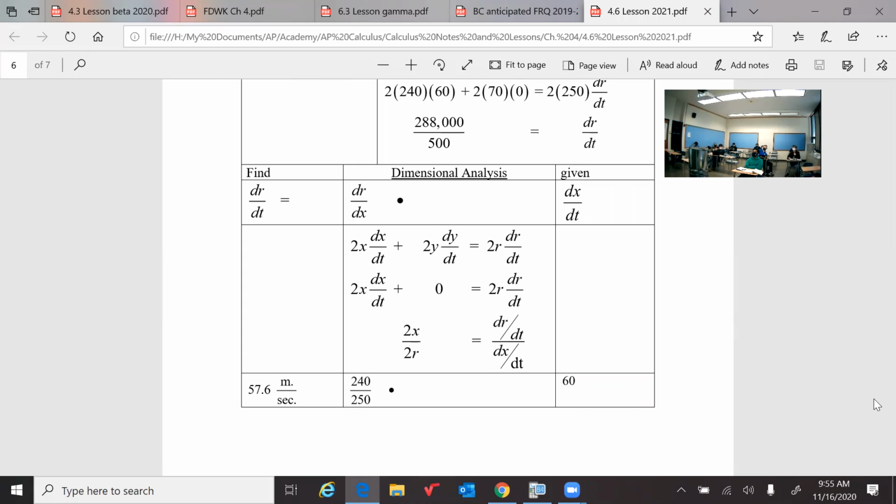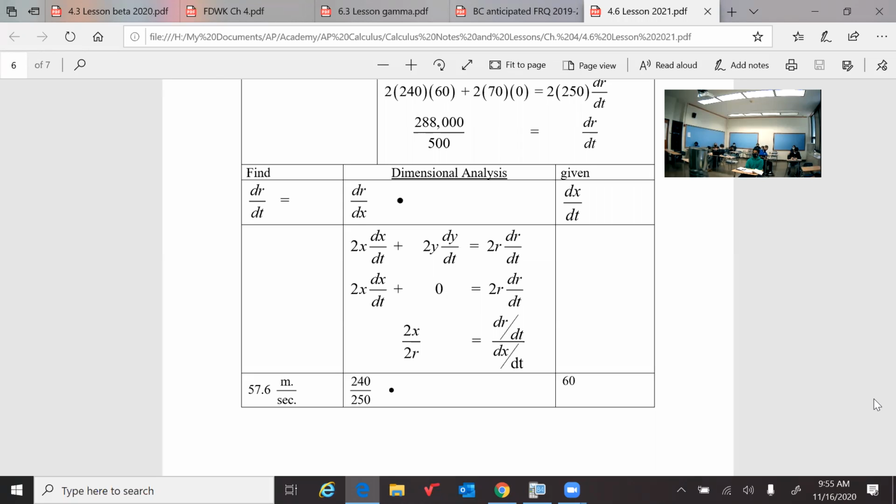I want to find dr/dx. To find dr/dx, here's the same work we did up above. I have 2x equals 2r. The 2 is reduced. You divide both sides by 2r. You're going to get x over r equals dr/dt divided by dx/dt. Well, the dt's are reduced, and you get dr/dx.